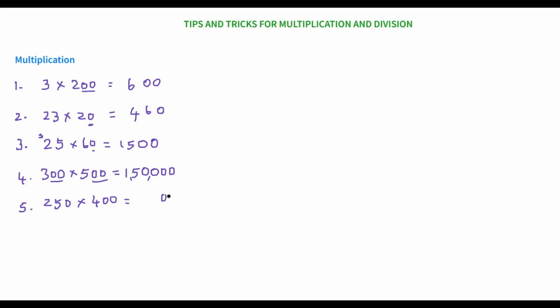Right, we have 3 zeros. So let me write the 3 zeros here. Right, now 25 times 4, which is pretty easy, which is 100. So 25 times 4 is 100. So our answer is 100,000 or 1 lakh, whichever you feel to tell. Which is very easy. We have multiplied such a big number again in a fraction of seconds.